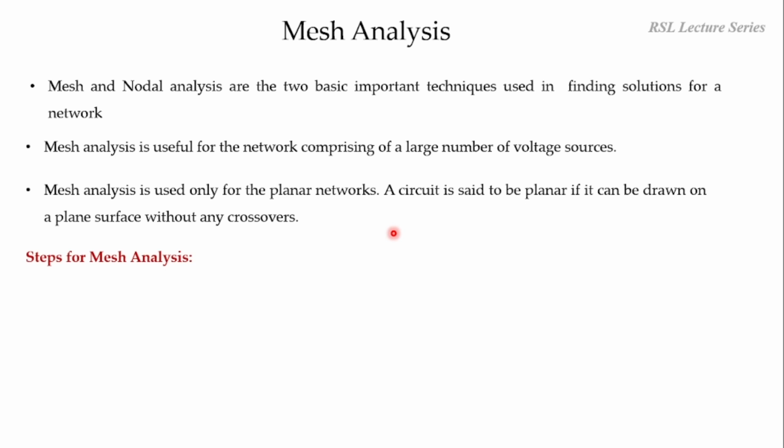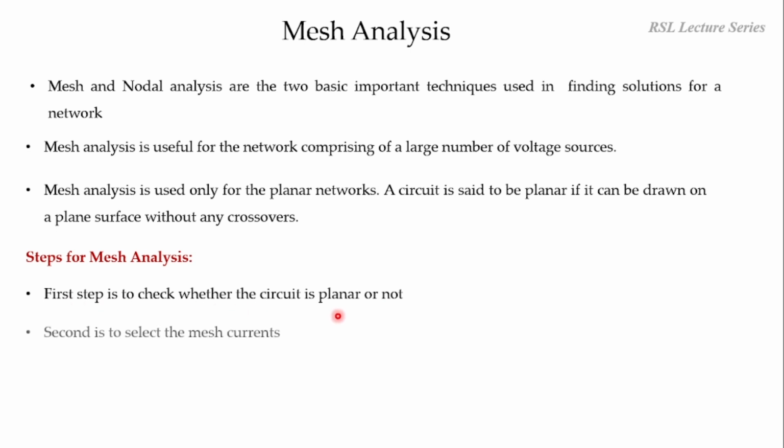Now we'll see what are all the steps for solving a network using mesh analysis. The first step is to check whether the circuit is planar or not. As I said earlier, mesh analysis is applicable only for a planar network or planar circuit. So first we have to check whether the circuit is planar or not. The second step is to select the mesh currents.